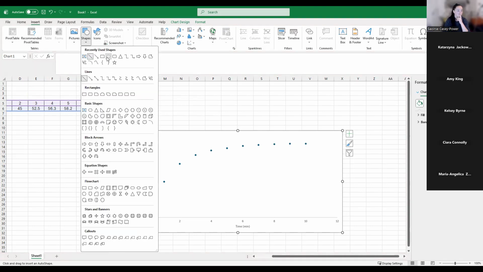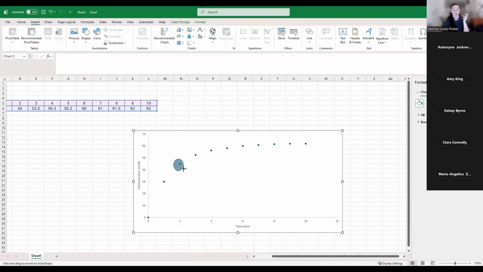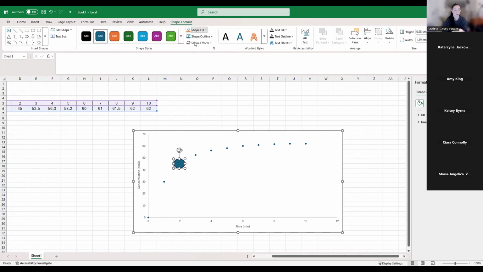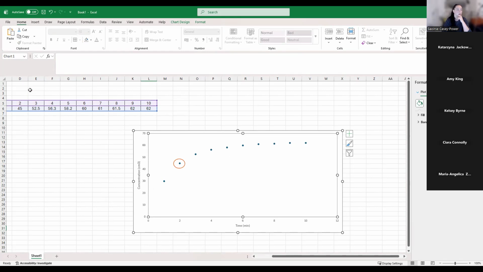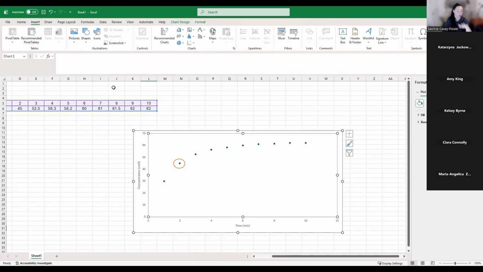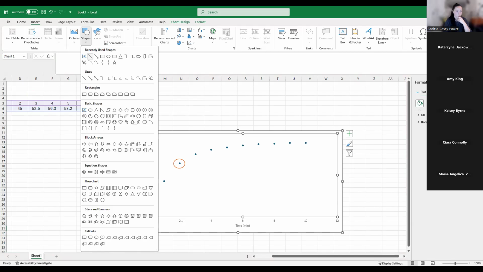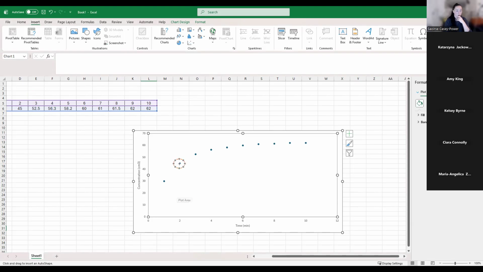When you're asked to calculate the instantaneous rate of a reaction at a certain time point, what I'd recommend is you highlight that for yourselves on the actual graph itself. Either draw a circle around it or highlight it just so you can see it. So say, for example, we have to calculate it at 2 minutes. You go to 2 minutes, you go up to the graph.